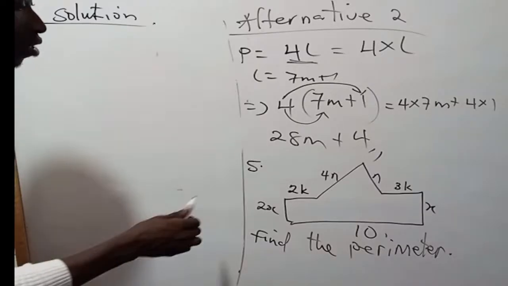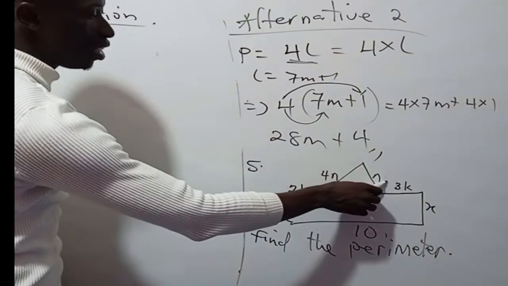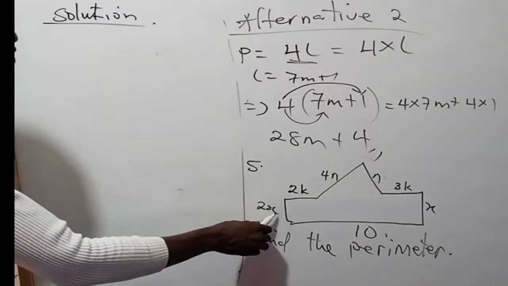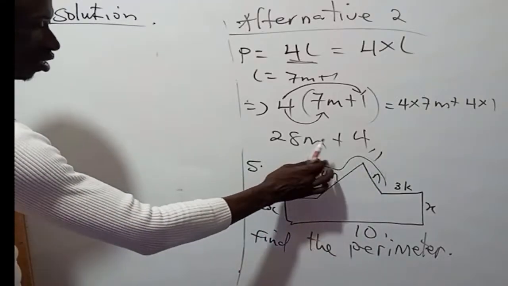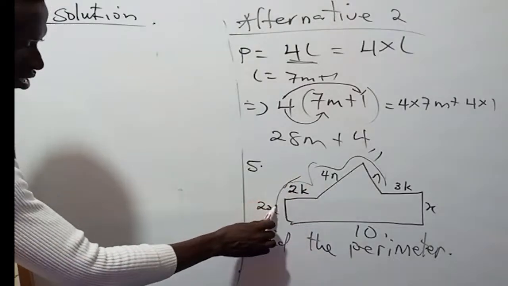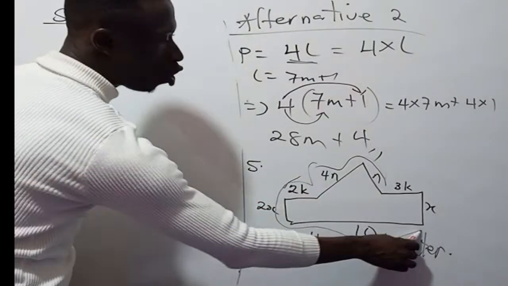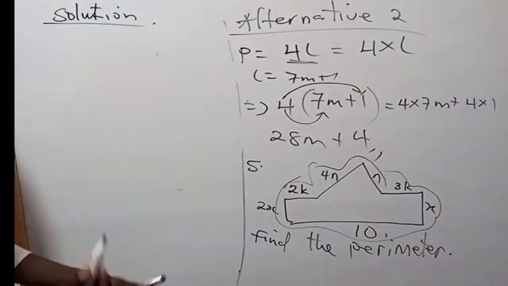So you see, if a cat is here and the cat started moving around the shape, it started here, went past here, past here, came here, like that. So all the distance around it, that's what you are putting together.